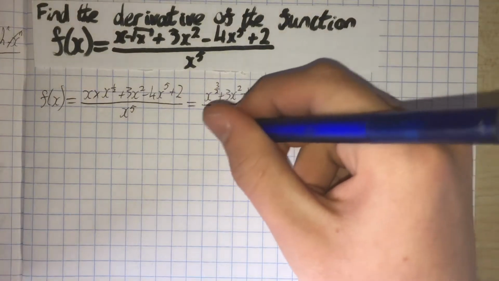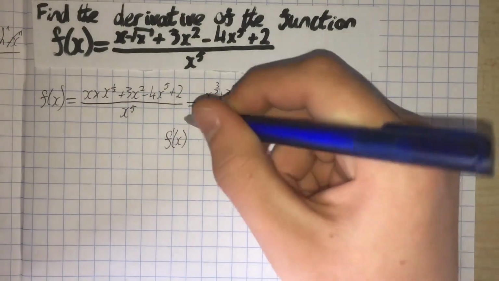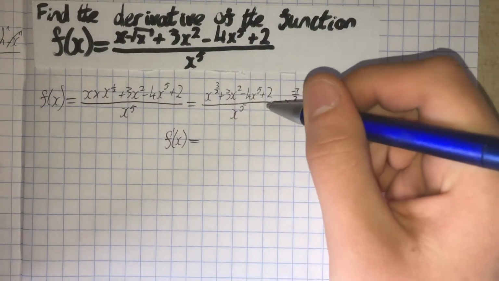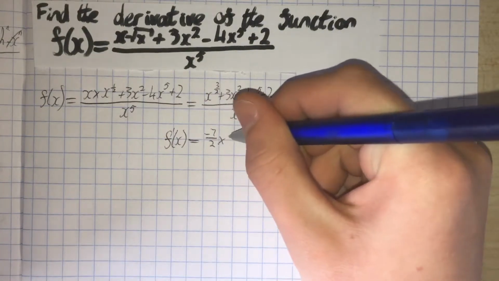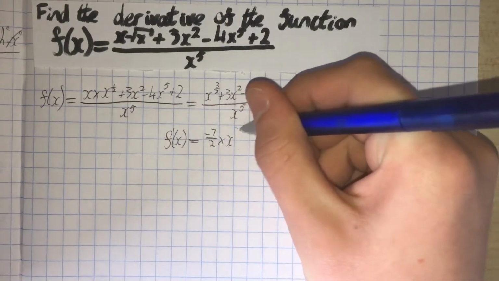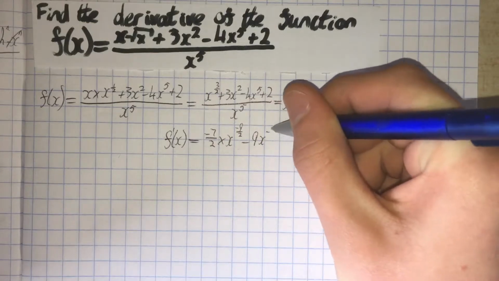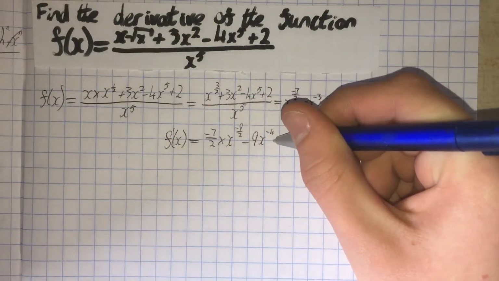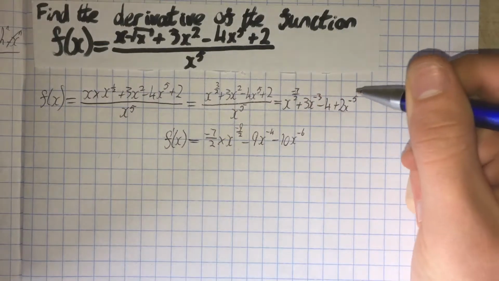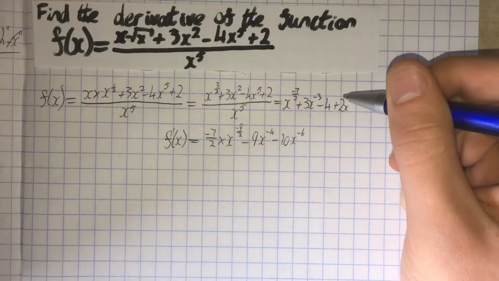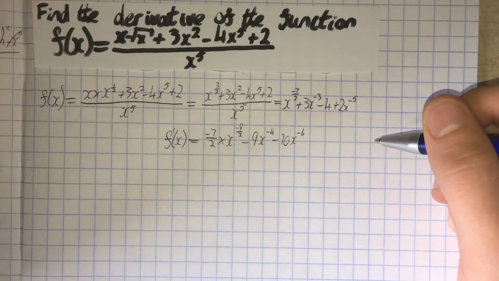So f dash of x is going to equal minus 7 over 2 times x to the minus 9 over 2 minus 9x to the minus 4 and minus 10x to the minus 6. Right.